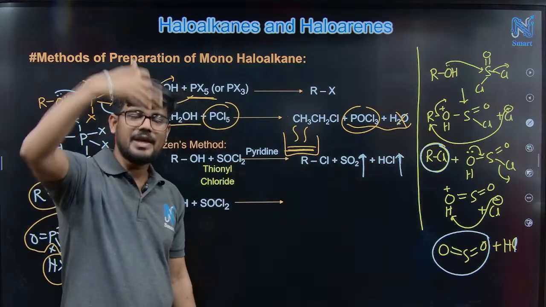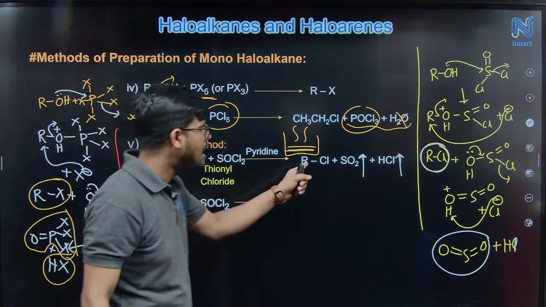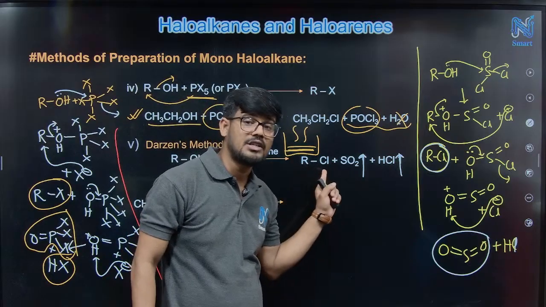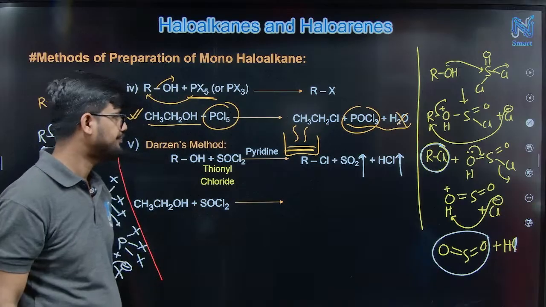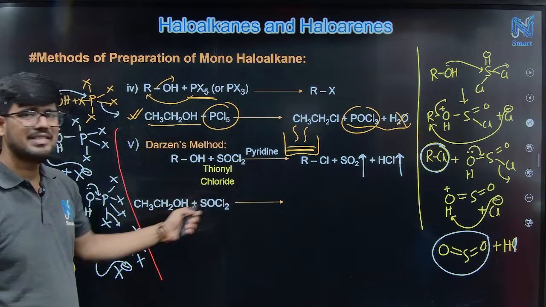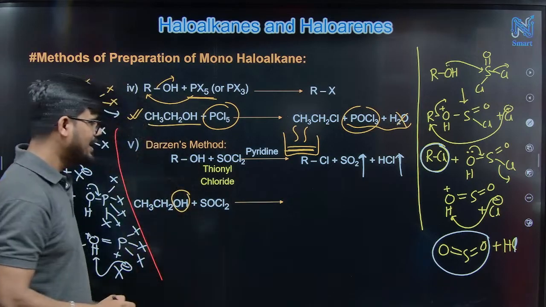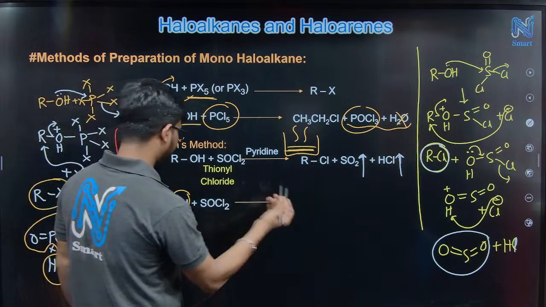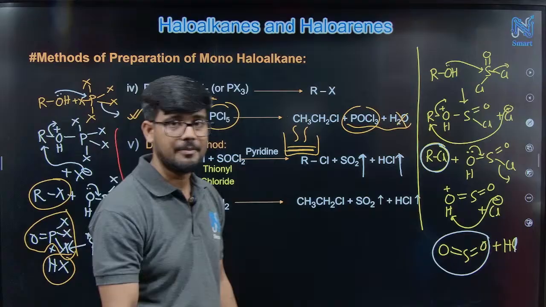SO2 and HCl will be in gaseous form, so they will leave that container. So only pure product you will get. That's why this reaction is very important, correct? This is just one example: finally we just replace this OH with Cl, so you will get the product, and SO2 and HCl will be the byproducts.